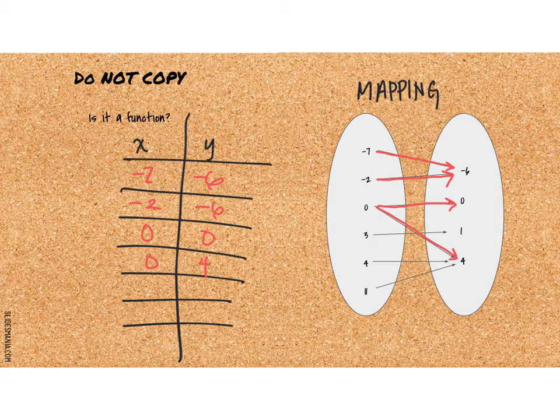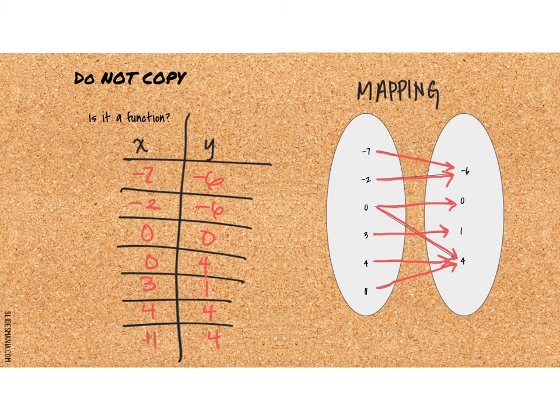Then I have one going from 3 to 1. So draw 3 to 1. Then I have one from 4 to 4. And then I have one from 11 to 4. Now, is this a function?